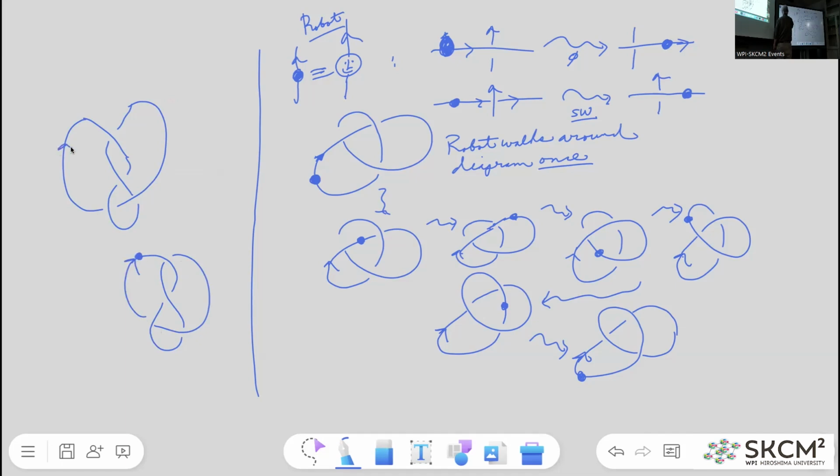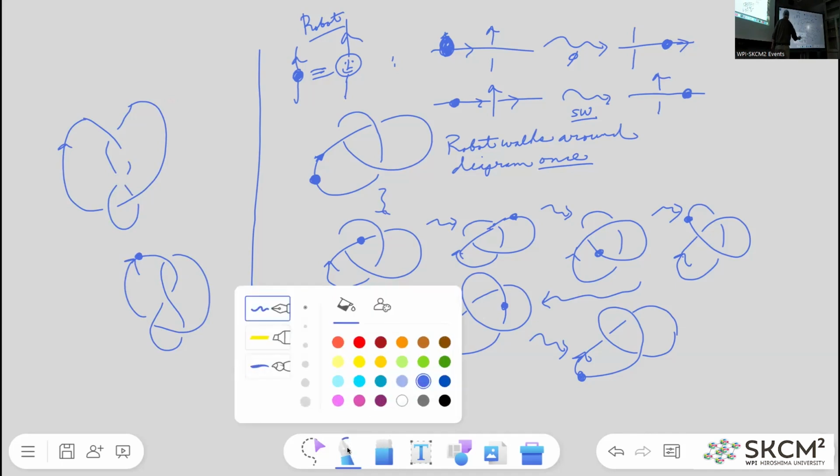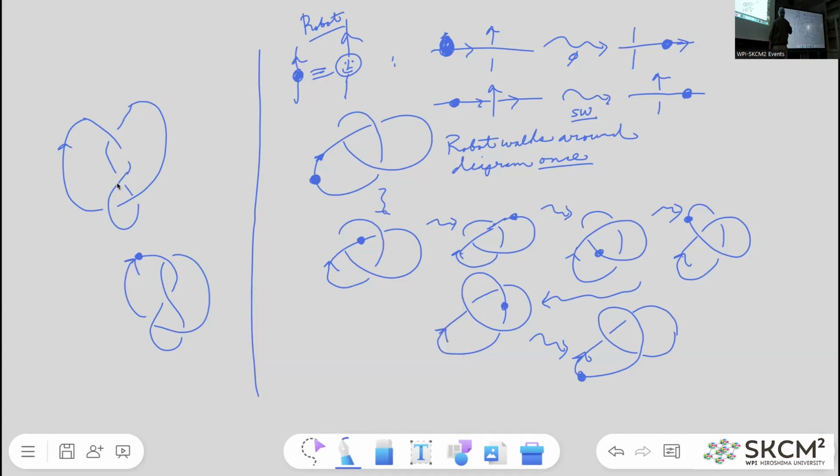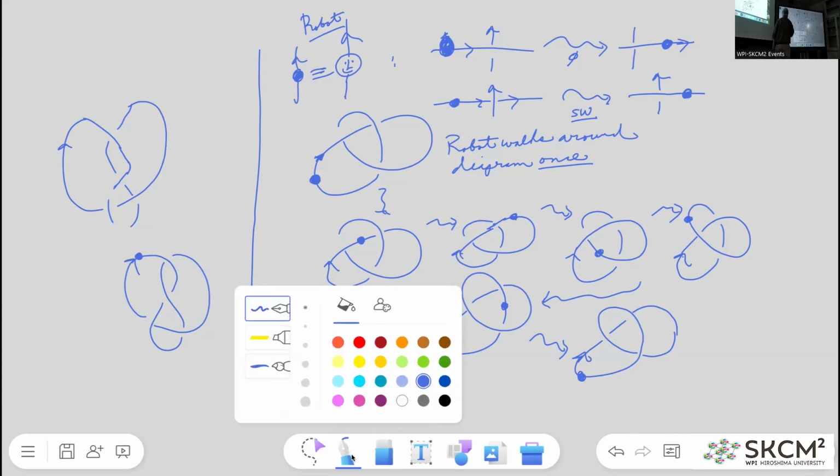So now the robot goes here and ends up here, right? Good enough. And at that point, the robot will disappear from here. This crossing will get switched over, and the robot ends up here. Watch me because I'm doing it by erasure. It's going to be bad. Now, no problem here. It's over. So it disappears here and reappears there.